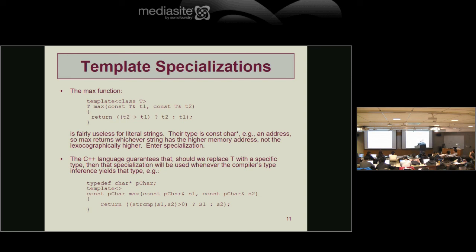That means that I can provide this general template, and I can take care of special cases where that general template didn't work. C# and Java generics do not support specialization. The reason they don't is C++ templates are compile time, and this specialization is a compile time event.